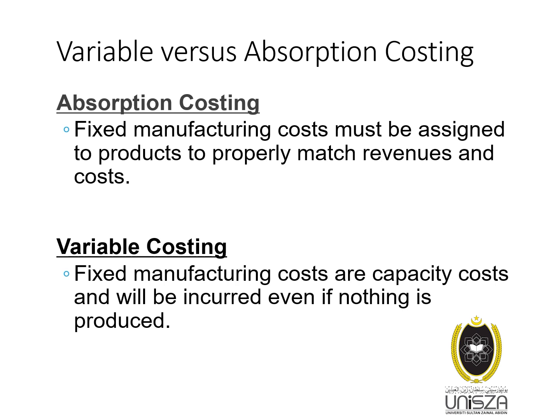Alright, so that's all. What you need to understand under this topic of variable and absorption costing: the first thing you must know is that the product cost under absorption and variable costing will be different. When you prepare the income statement, you will find a difference in the income reported under absorption and variable costing if there is ending inventory.